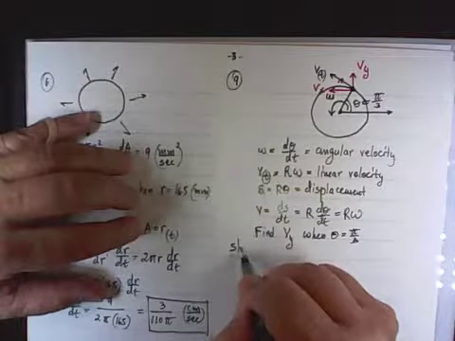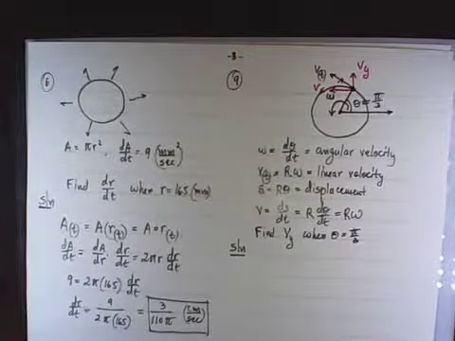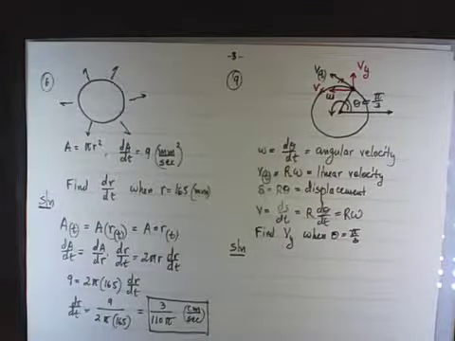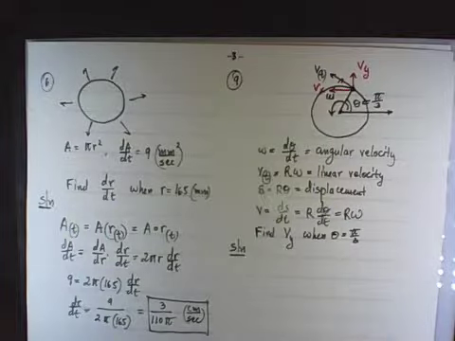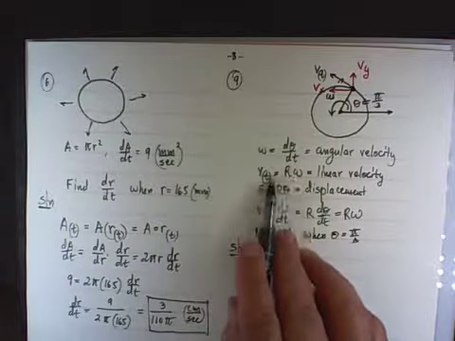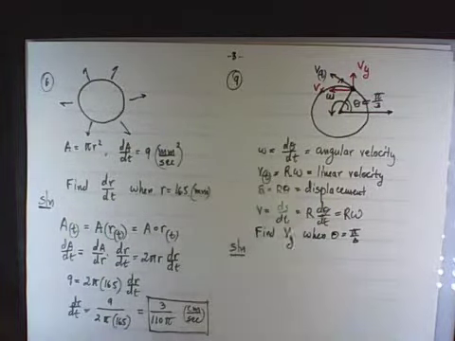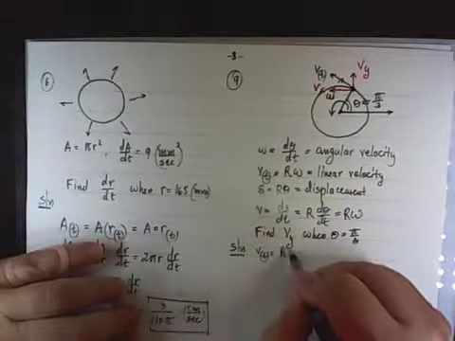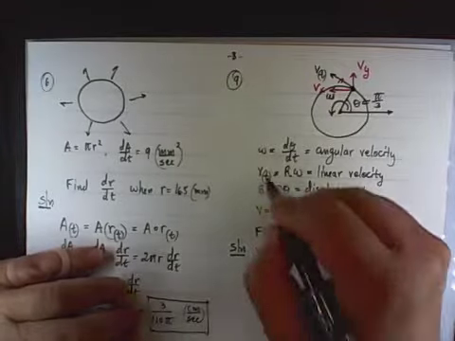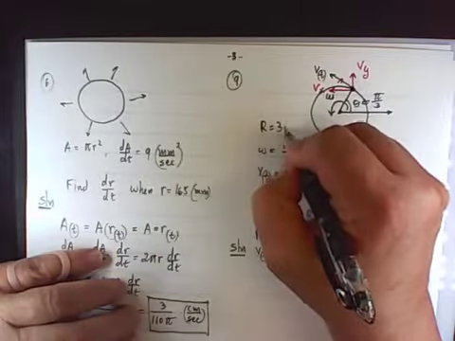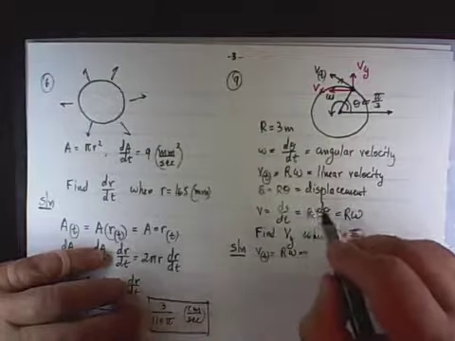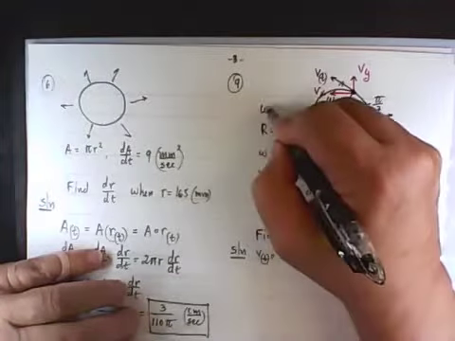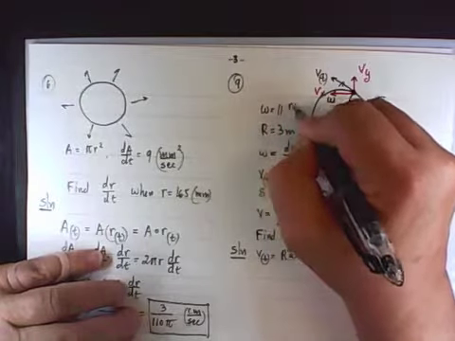So now we analyze the problem and we are ready to solve. The solution by itself is relatively simple. Most of the work was done right here. V of t equals r omega, and r equals 3 meters, and omega equals 11 radian per second.